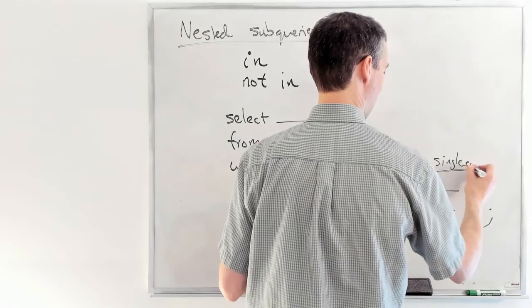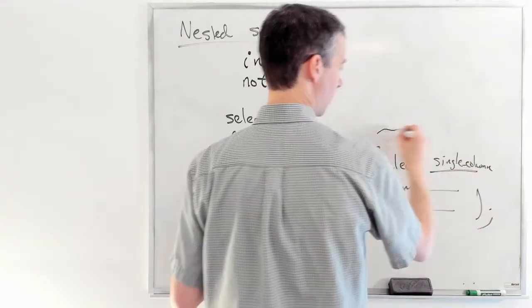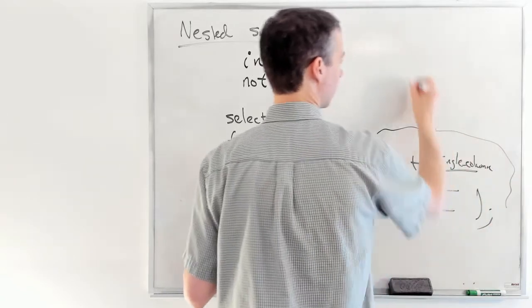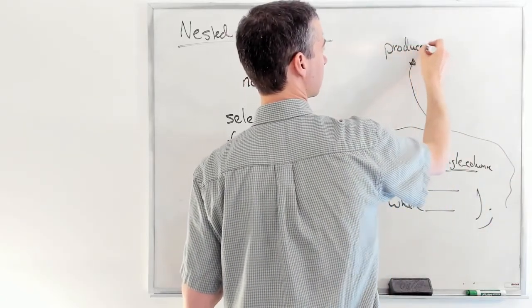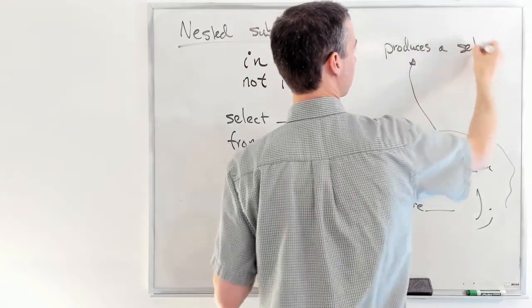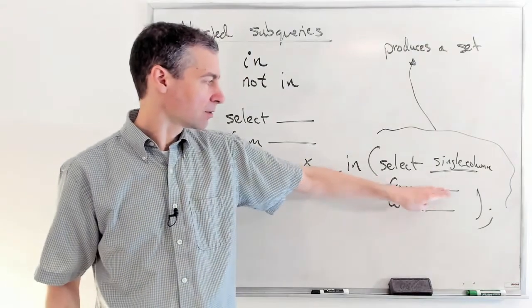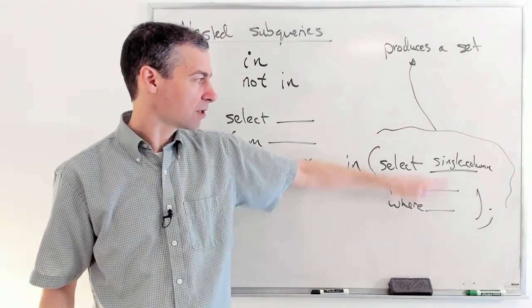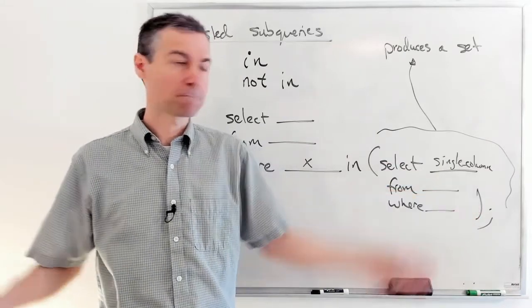So we're going to select a single column. This whole thing over here, the idea is it produces a set of values. We're going to pick some column that comes from our expression of this table, and then we're going to have all those values in a set.